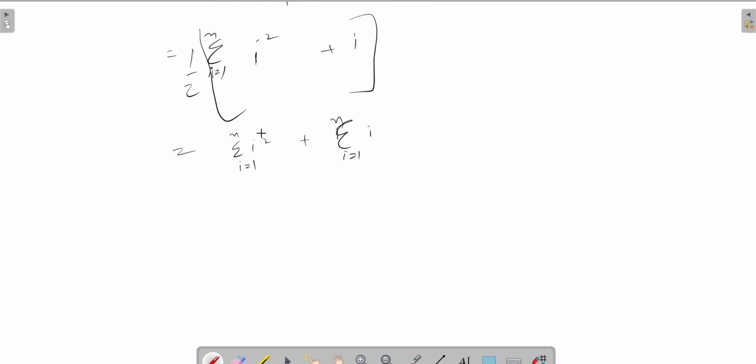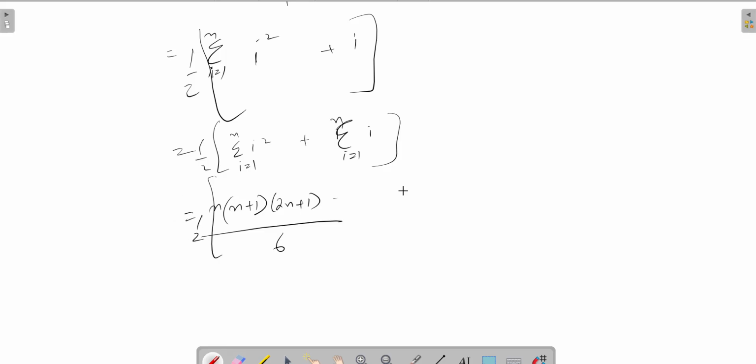Now this tells us that this is the sum of squares, and we know the sum of squares would be equal to n times n plus 1 and 2n plus 1 divided by 6, and I'm just adding the constant, and here the sum of the first natural numbers is going to be this.